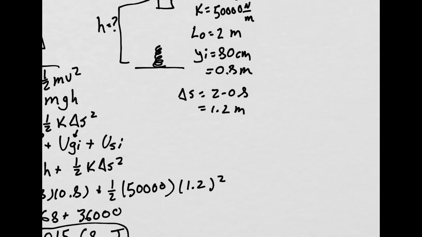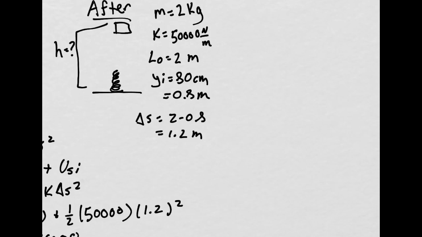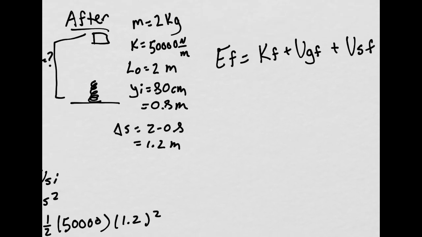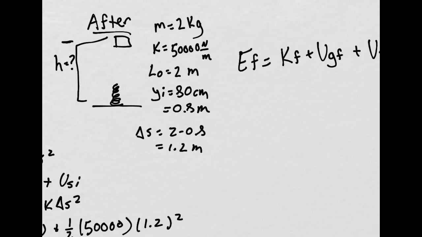So if we go over here, E final is equal to the kinetic energy final plus the gravitational potential energy final plus our spring final. This one's a lot easier. If we're at our maximum height, our velocity is 0 because we're turning around.